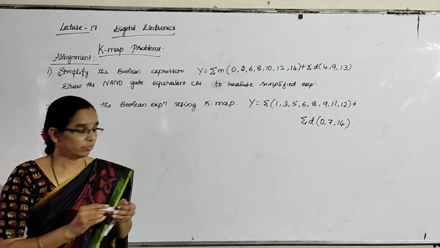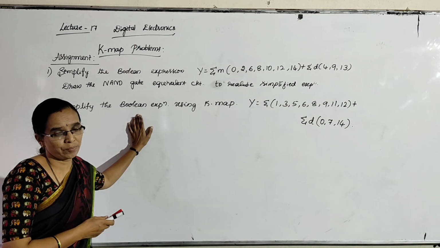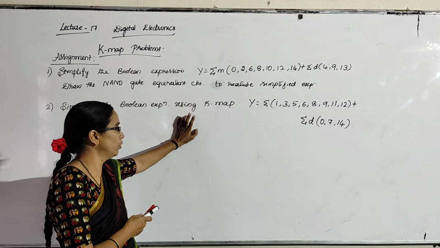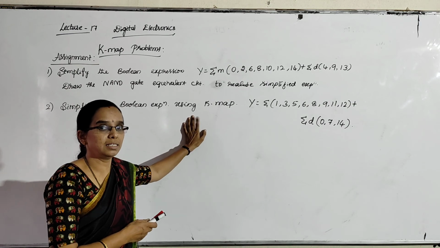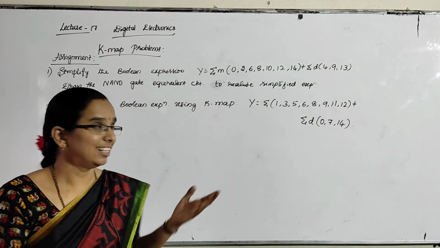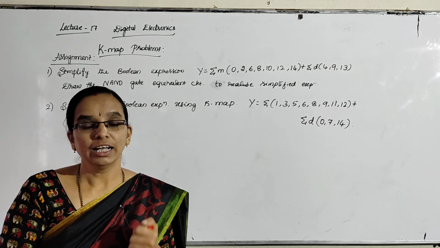And they have not asked to draw the circuit for this one; only draw the circuit for the first. If you want, draw the circuit using basic gates for this one. If you want to try some more, then draw the NAND gate circuit also.